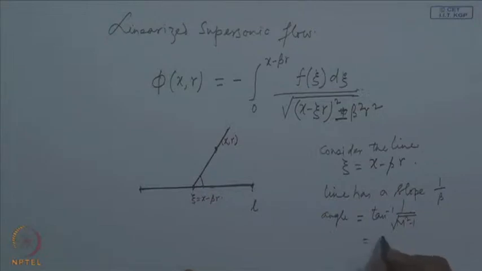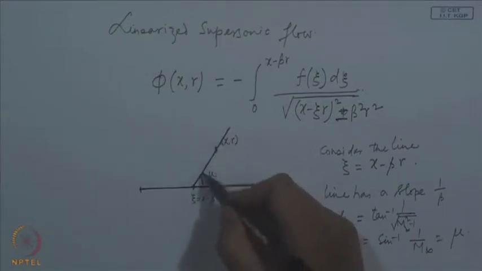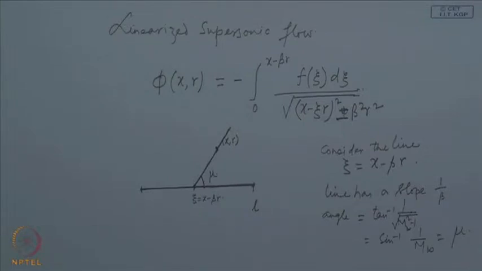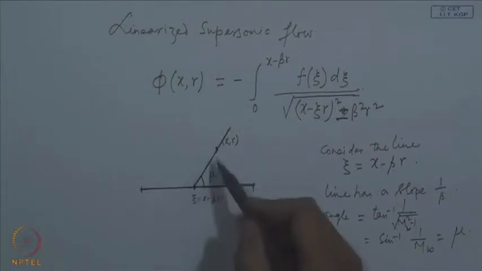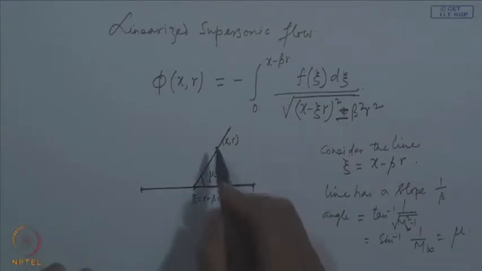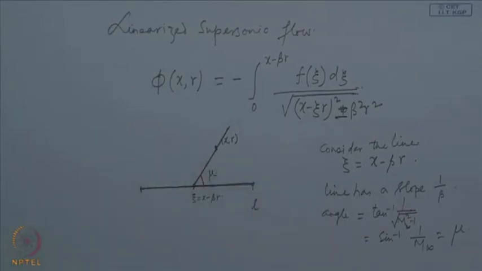This is, say, sin inverse 1 by M infinity, which we have earlier defined as the characteristic angle mu. So this angle happens to be mu, and this is the Mach line from this point. And if we consider the complete axisymmetric body, then this defines a Mach cone from this point.